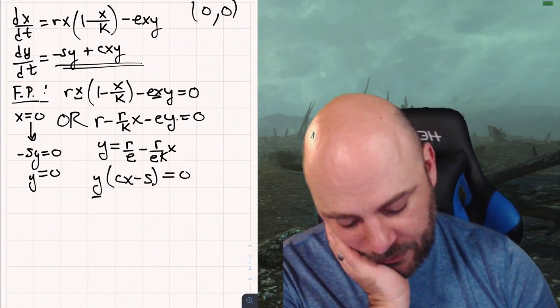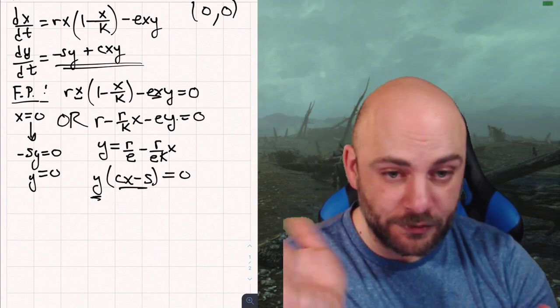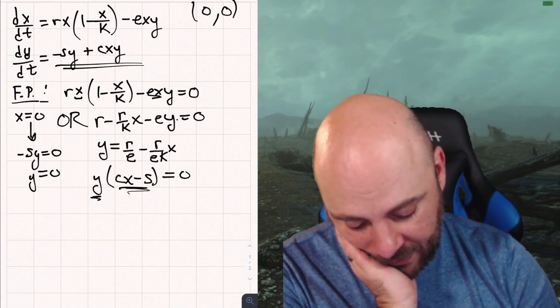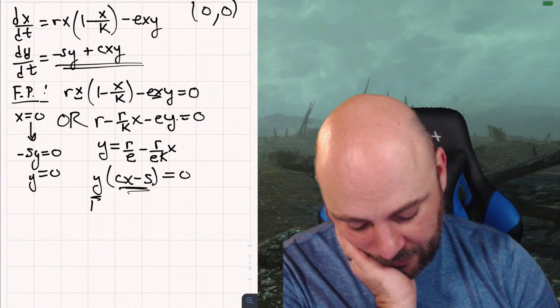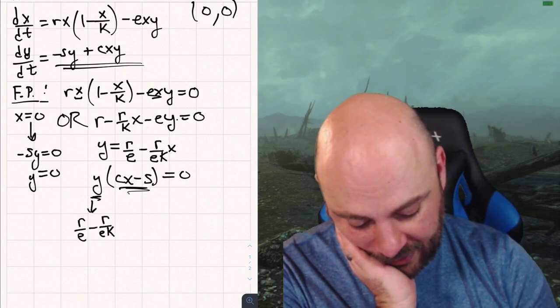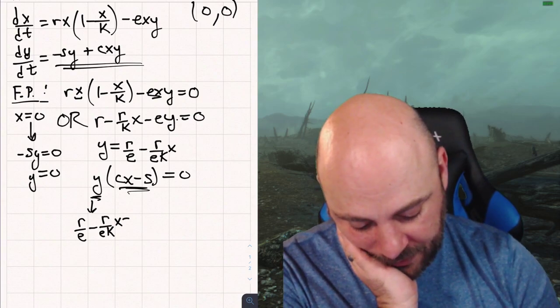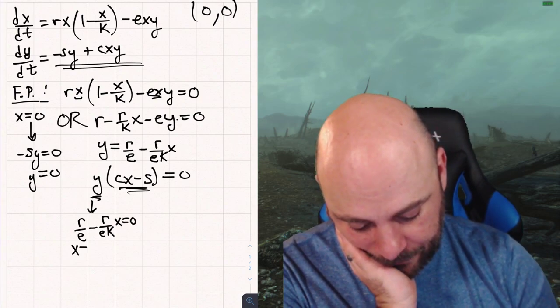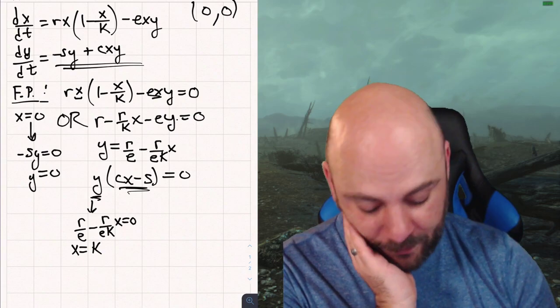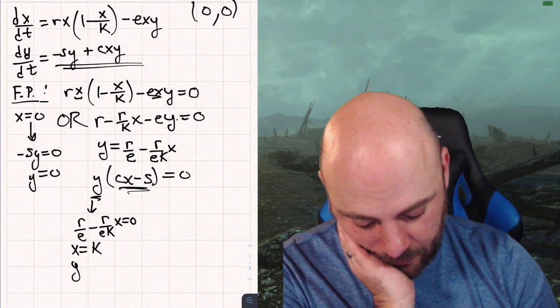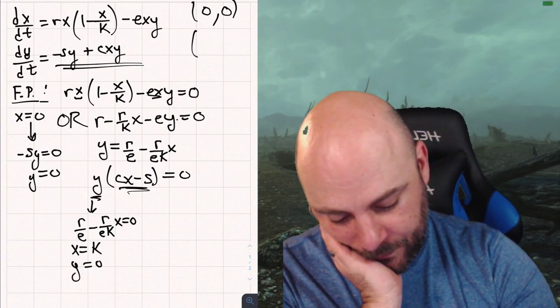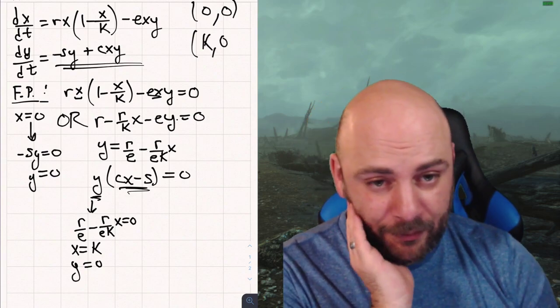So either this equals 0 or that equals 0. Those are the only two options, right? This first one implies that r over e minus r over eK x equals 0, which gives me that x equals K, which should make sense, and y equals 0. There's my second equilibrium point.